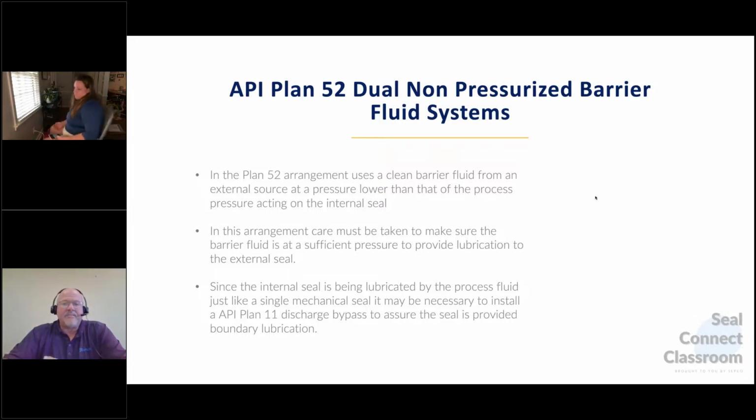One thing about this setup and this API Plan 11, you've got to make sure that the inboard seal has enough pressure on it in the stuffing box to have good boundary lubrication.